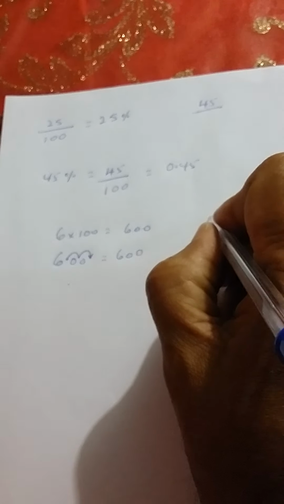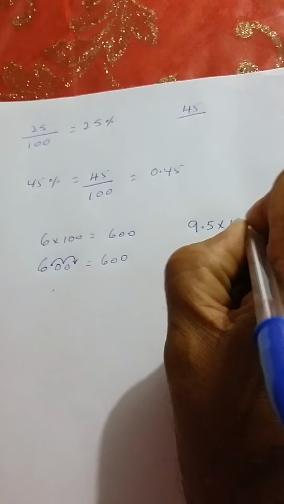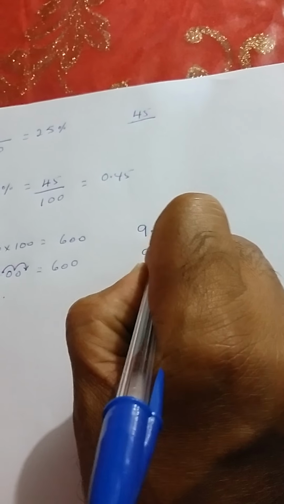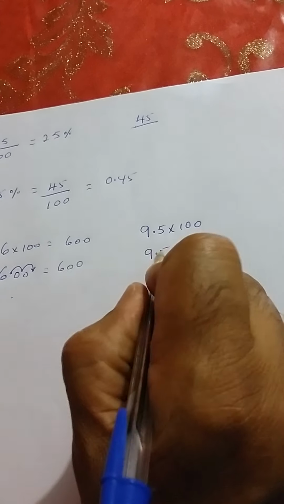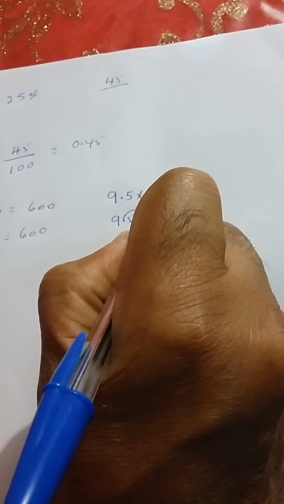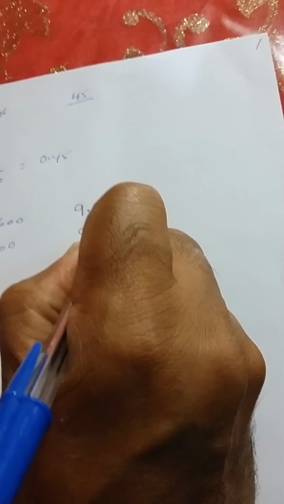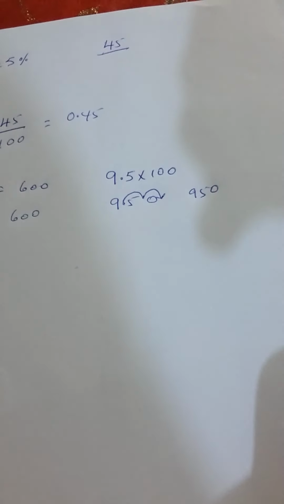Alright, let's try another one. If we had 9.5 times 100, there are 2 zeros to remind us that we go 2 places to the right. We put in that 0, so we end up at 950. Just remind yourself of that skill.